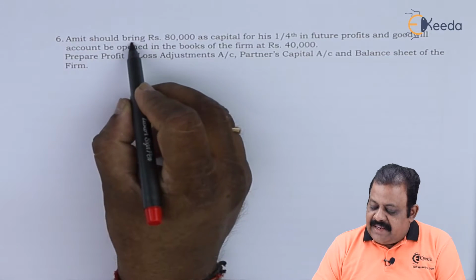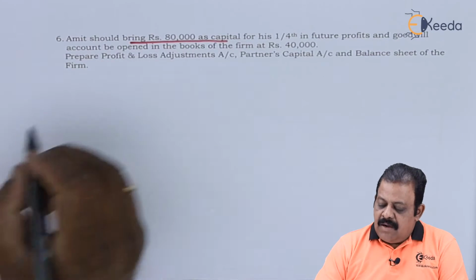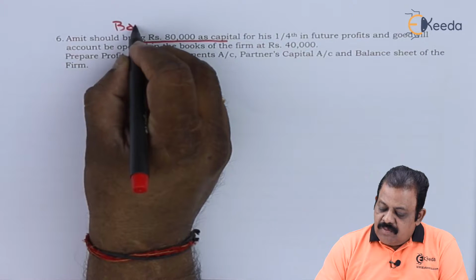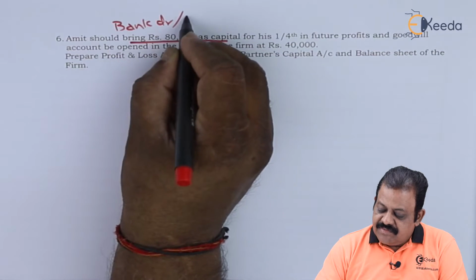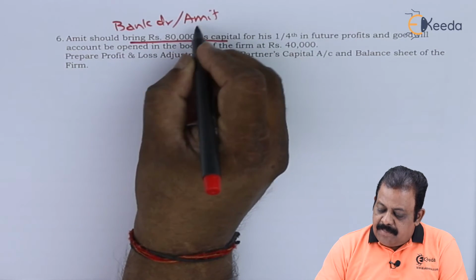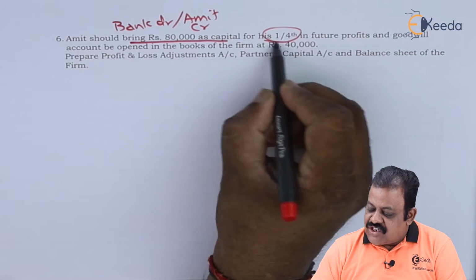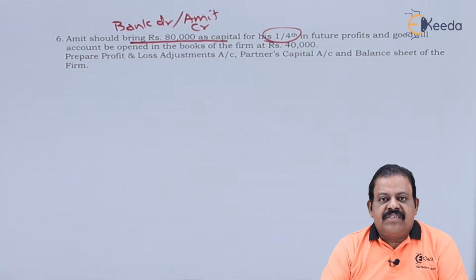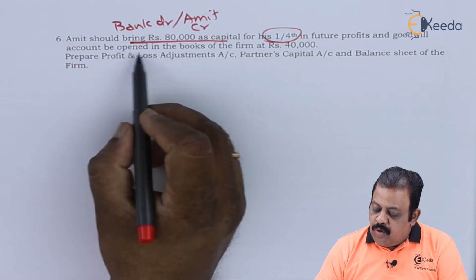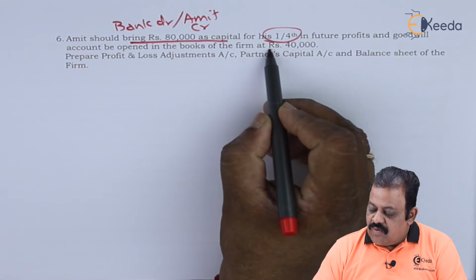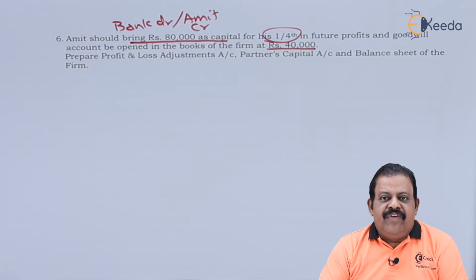Amit should bring 80,000 as capital. Amount is received, so bank account will be debit and Amit's capital account will be credit for 1/4 share in future profits. Goodwill account be opened in the books of the firm for 40,000. So this is goodwill raised.